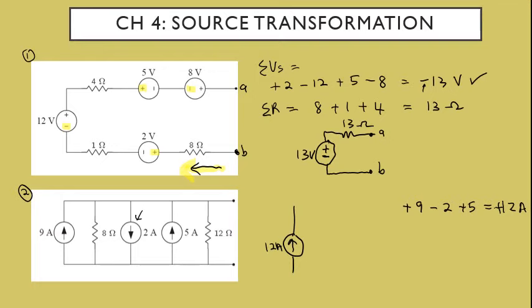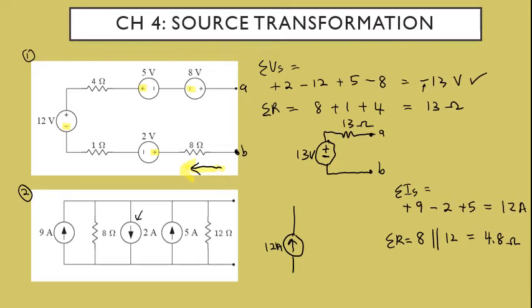And then the resistor. This is the current source, summation of all current sources, and you have a resistor, which is 8 in parallel with 12. So you can use your calculator. You will get 4.8 ohms.